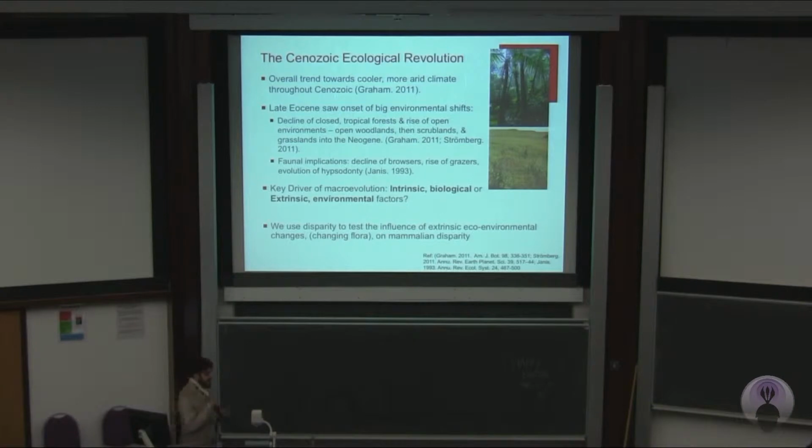Is it external, environmental factors that drive macroevolutionary trends, or is it biological interactions, intrinsic factors: Red Queen versus Court Jester? There have been many traditional studies using taxonomic diversity, and we decided to apply morphometrics to get an alternative, disparity perspective.